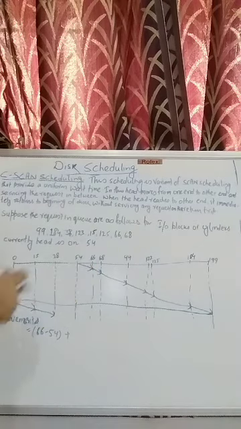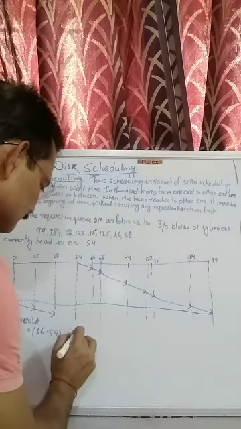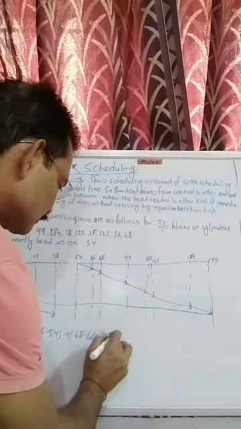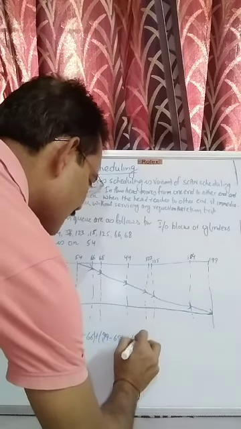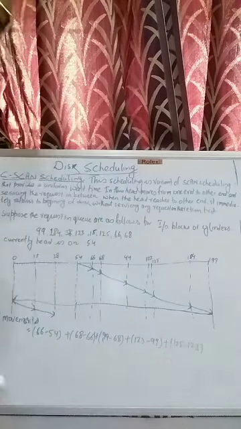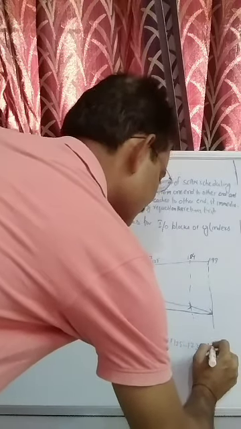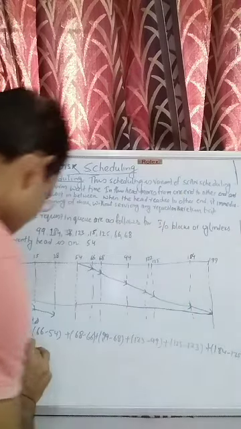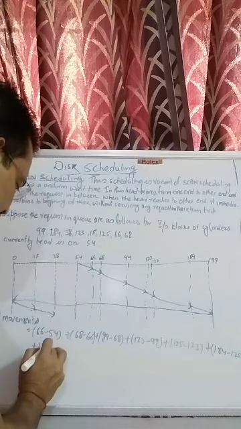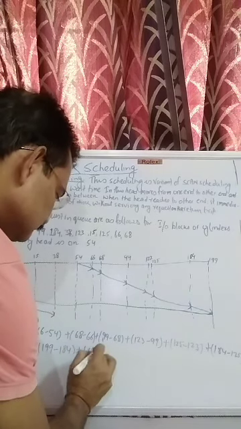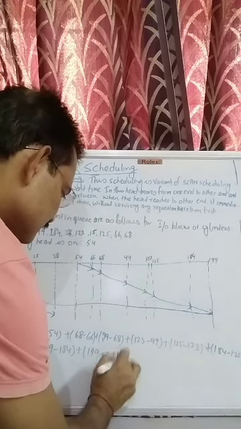This is the displacement from the current head position to the first request processed, then 68 minus 66 plus 99 minus 68, 123 minus 99, 125 minus 123 plus 184 minus 125 plus 199 minus 184 plus 199 minus 0 plus 1.